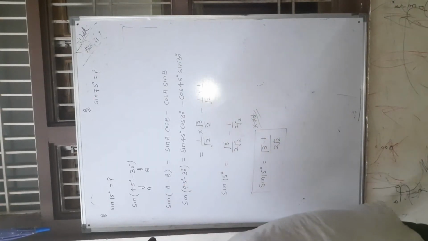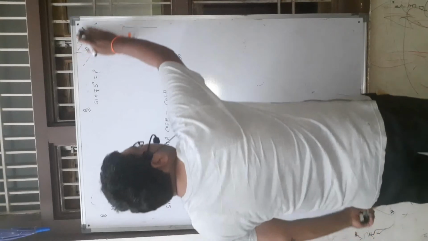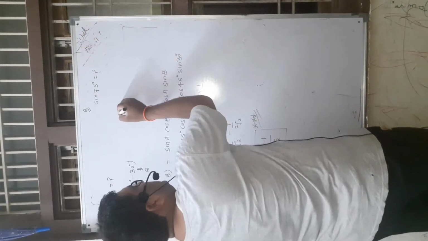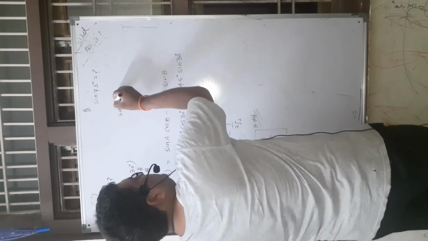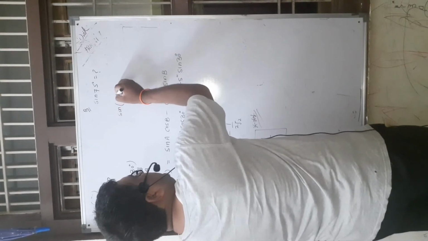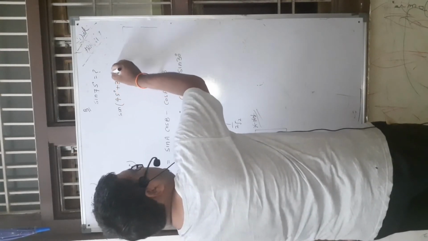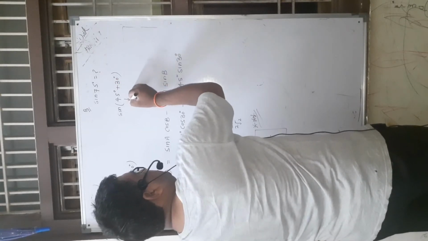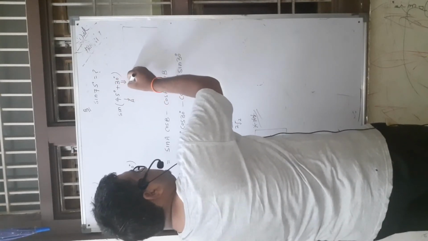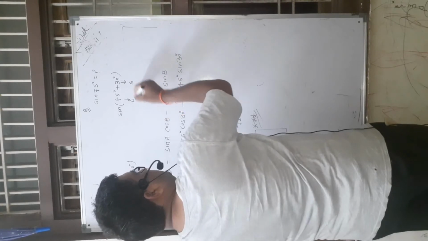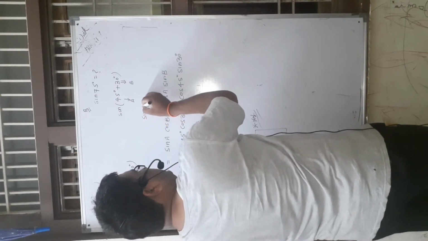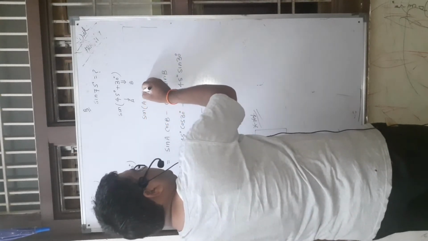So now I solve. As you know, sine 75 degree can be written as 45 plus 30 degree. This is corresponding to A, this is corresponding to B. As we know, what will be the formula of sine A plus B?